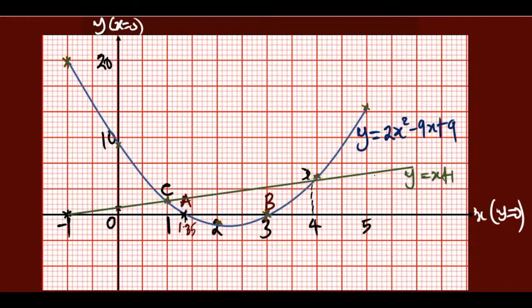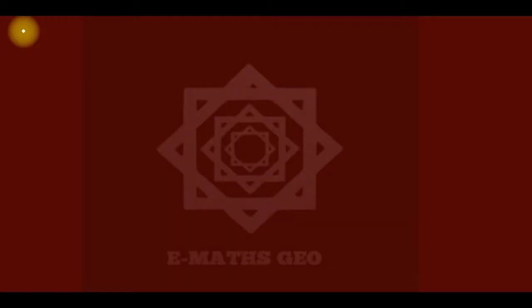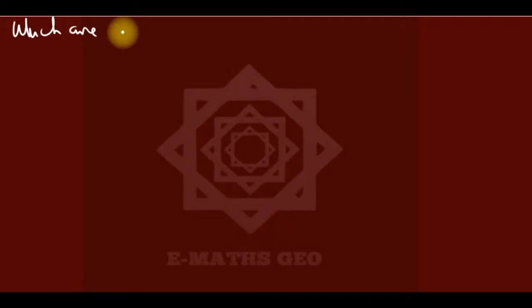So the answer, we have x equal to 1 and x equal to 3.9. So that's the solution. So it's a tricky but easy question. Thank you.